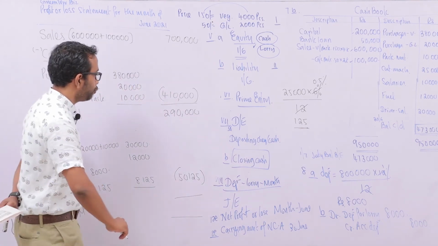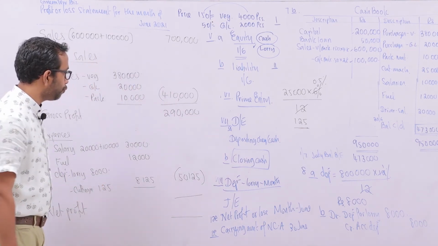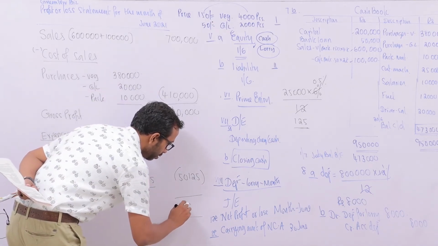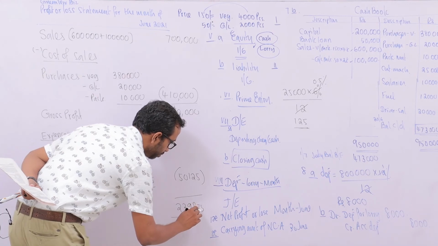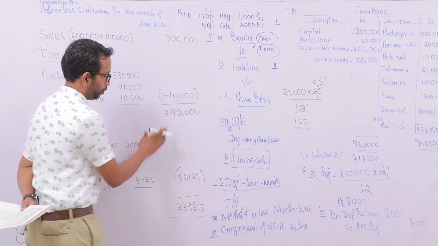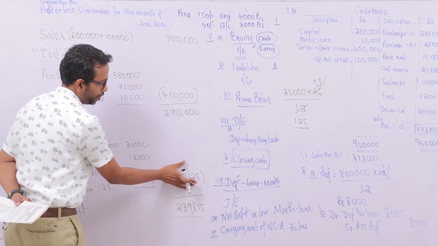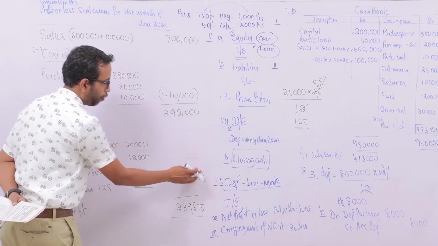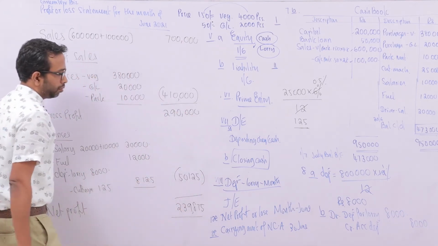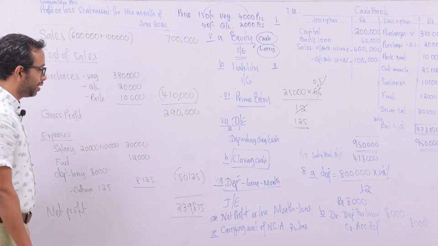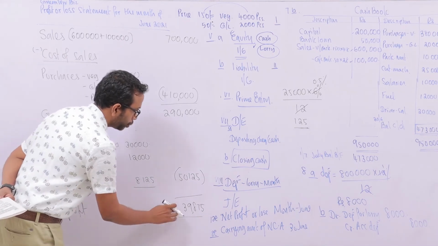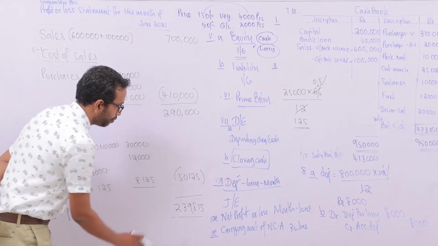If you subtract from 290, it is 239,875. If we do it smartly, assume this is 50,000 and this is 290, the difference is 240, and 240 minus 125 gives 239,875.